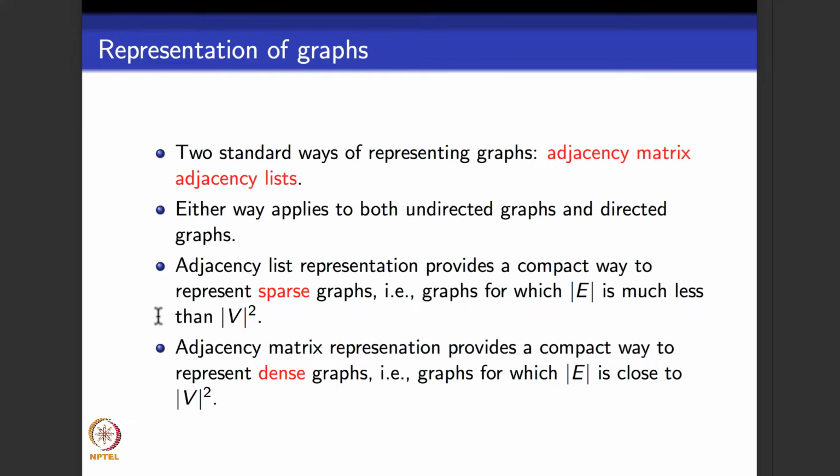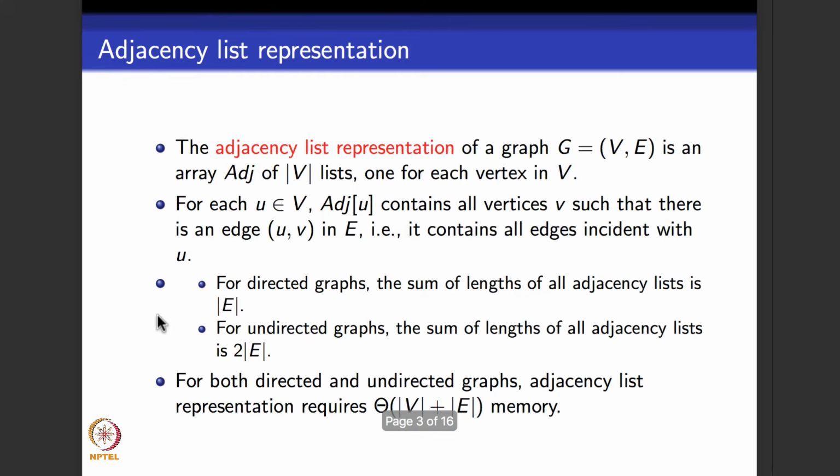But why I'm saying this is that the algorithms that we will look at in this module and next module work well both for directed graphs and for undirected graphs. We will use them for directed graphs. So we'll go ahead and see what an adjacency list looks like. Given a graph with vertex set V and edge set E, what is an adjacency list? An adjacency list keeps an array of lists.